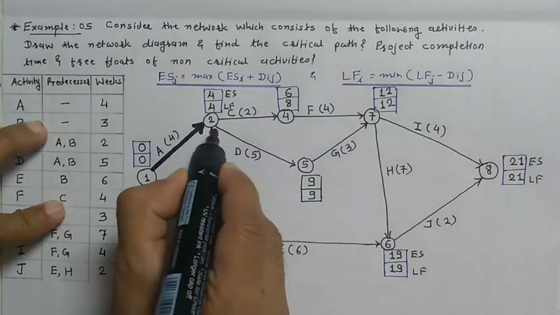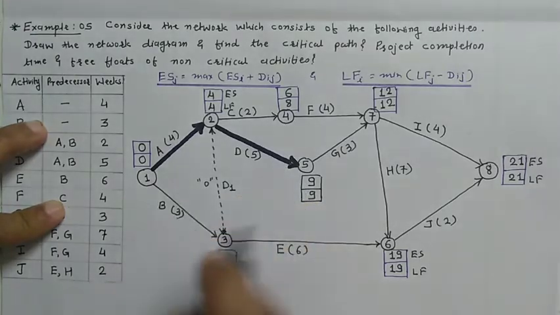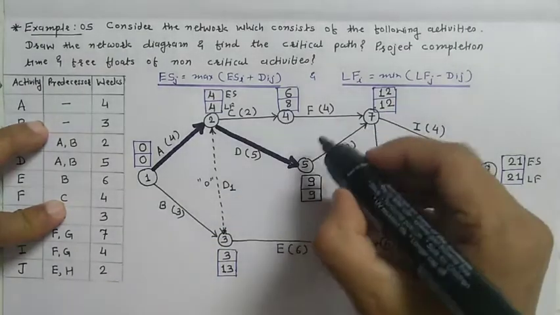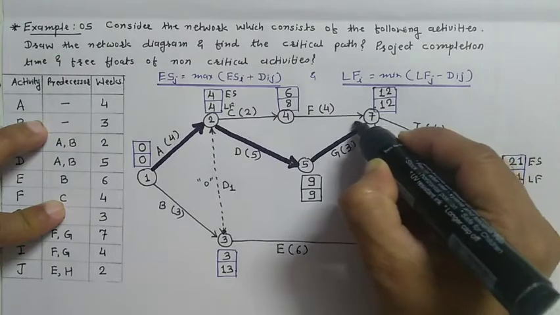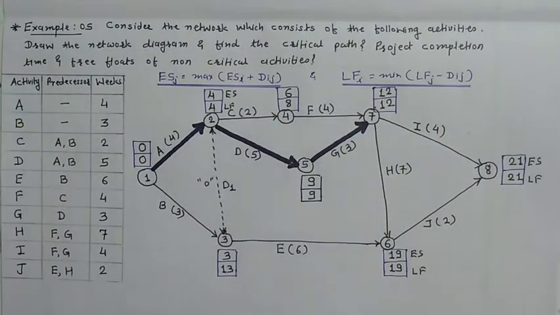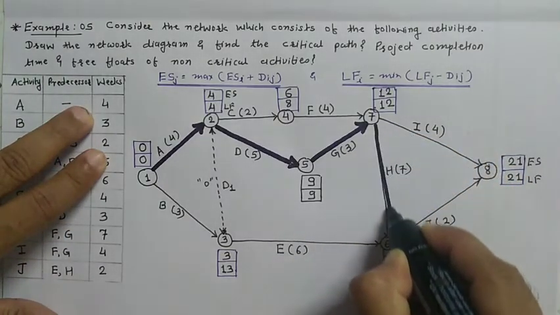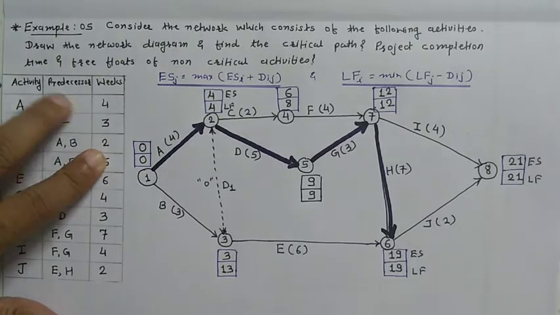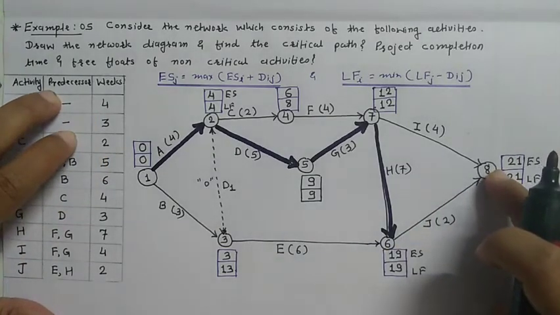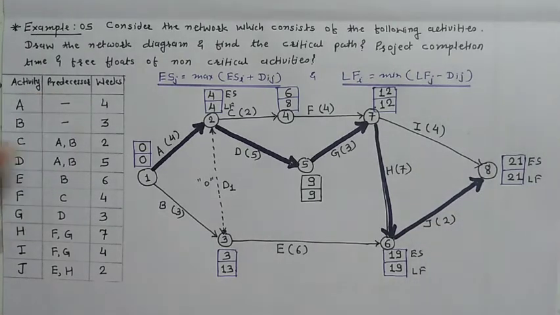So 2 to 5, then 5 to 7, then 7 to 6, because here both values are the same. Then 6 to 8.